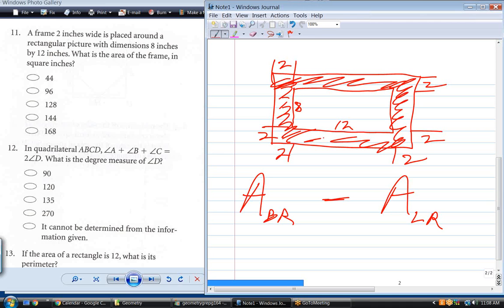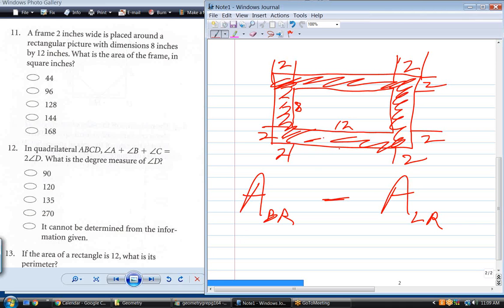What's the area of the big rectangle? Now we do it step by step. So the area of the big rectangle would be 4. Give me the dimensions of the big rectangle. 2 inches by 2 inches. Really? The dimensions of the little rectangle. Oh, yeah, my bad. So for the big one, it would be 12 by 8.